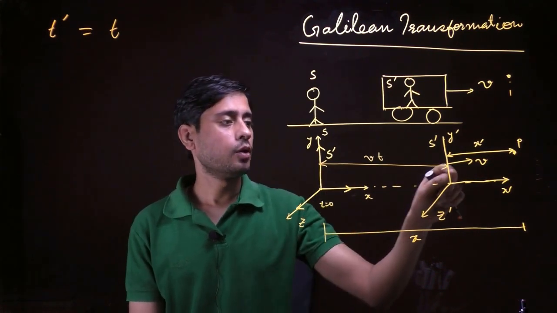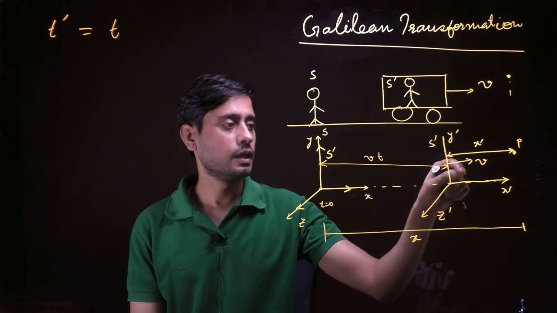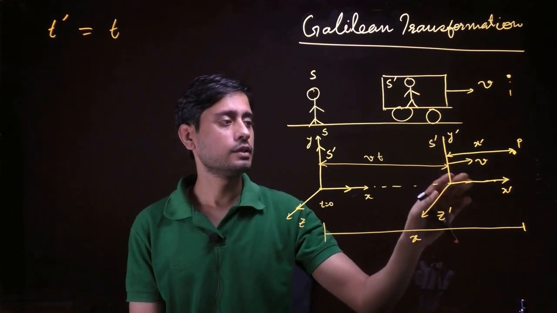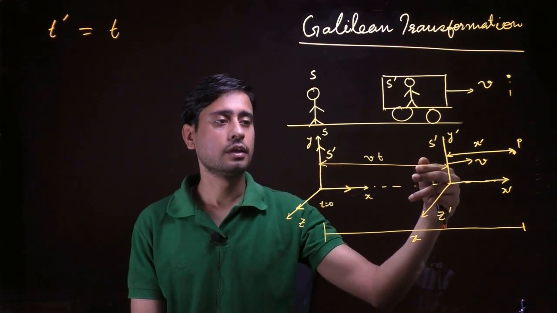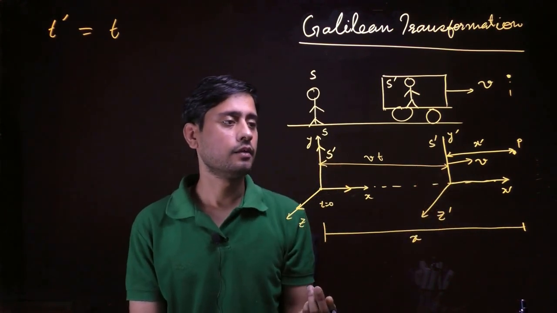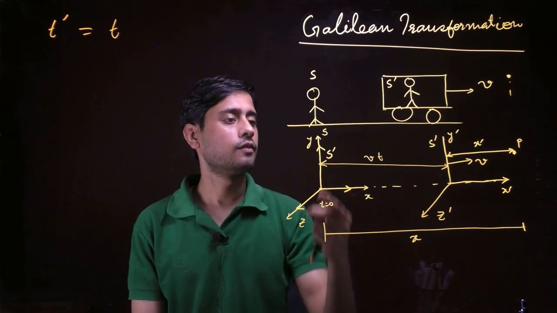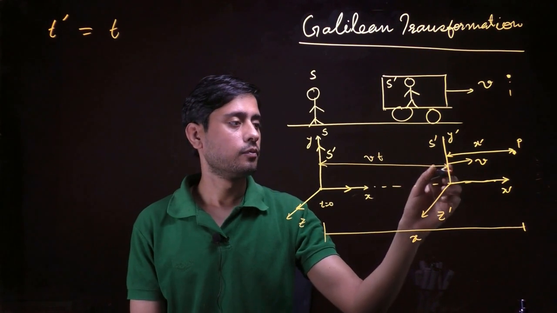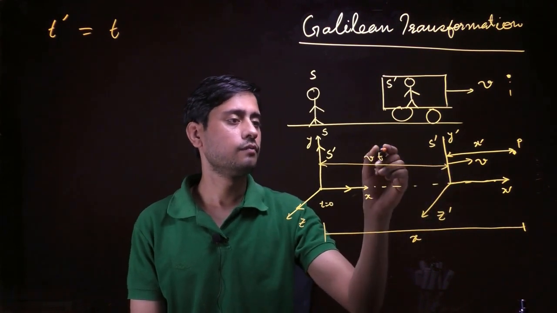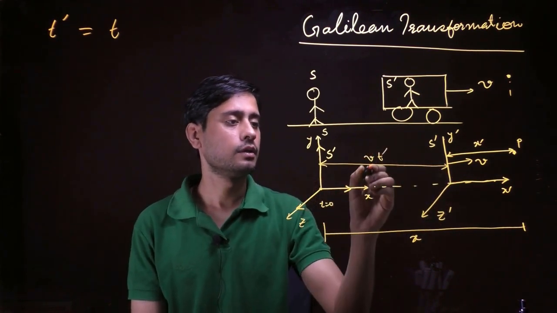The observer in the S prime frame will notice that he is at rest and the S observer is moving in the backward direction, and he will say that the distance covered is Vt prime. So for this observer it will be Vt prime, and for this it will be Vt.